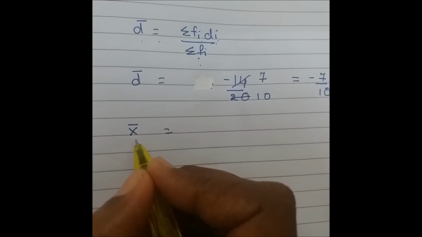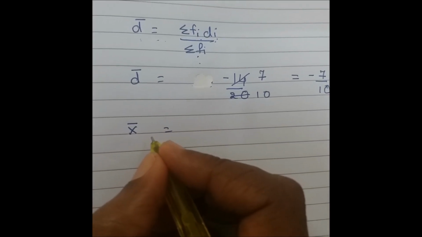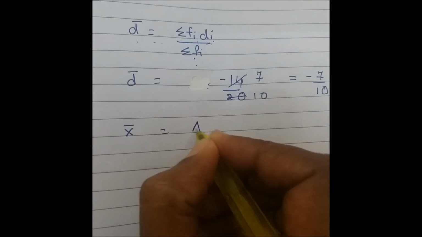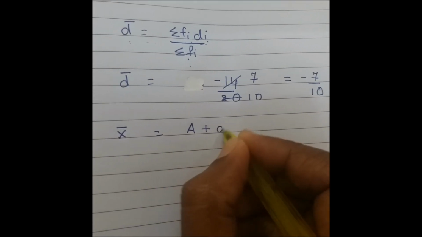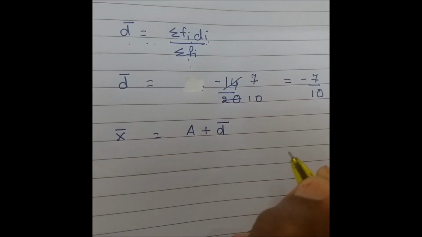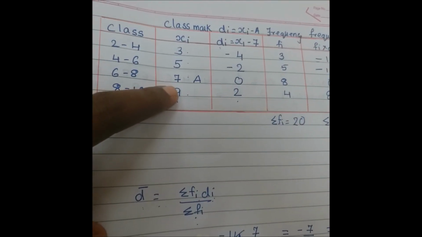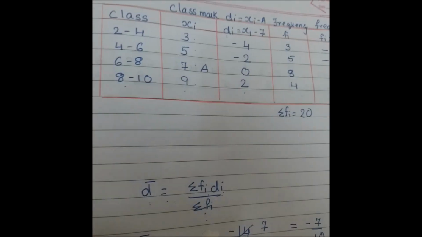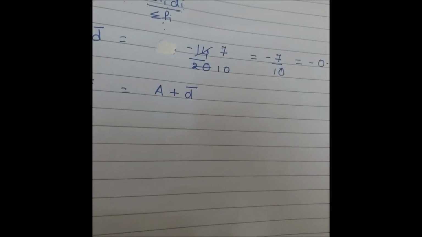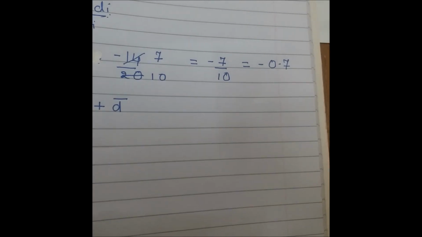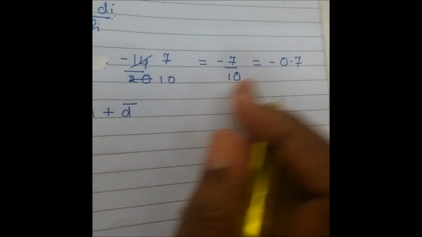Now you have the formula: x bar is equal to A plus d bar. A is the assumed mean, what we have assumed over here. This is your A, and your d bar is negative 0.7.